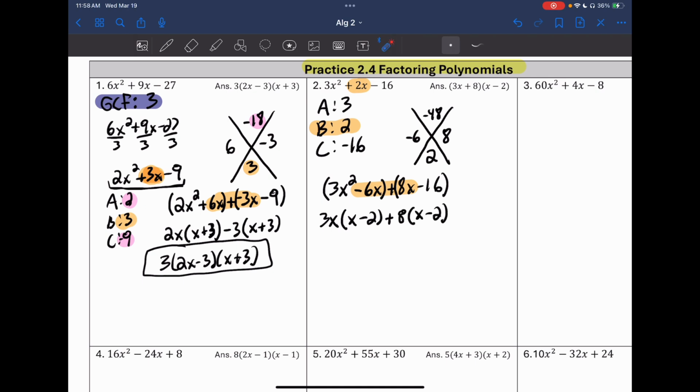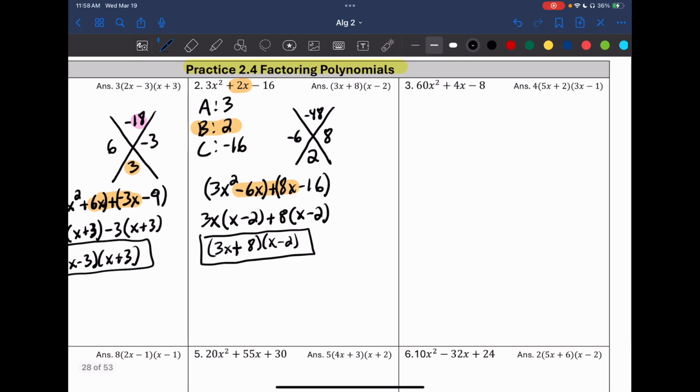And if you did it right, these two parentheses should always match, which then means we can finally just put what we have in front of each of them together in a parentheses, and then leave the parentheses that match. Right, so the 3x plus 8 become their own parentheses, and the x minus 2 become the other half.